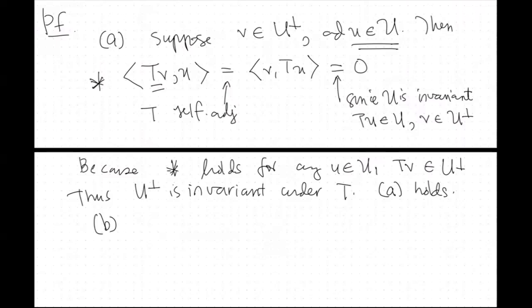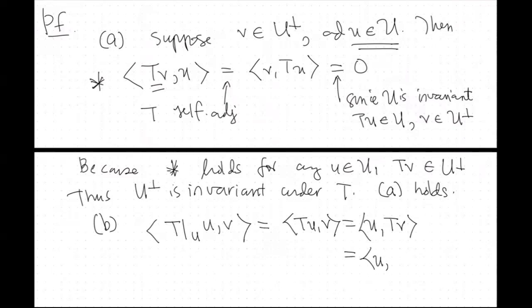So your B here is easy. For B, you get the inner product of T applied to u, v. This is just T of u, v. It's just u, and then T of v by self-adjoint condition, and then this is equal to u, T restricted to U of v.